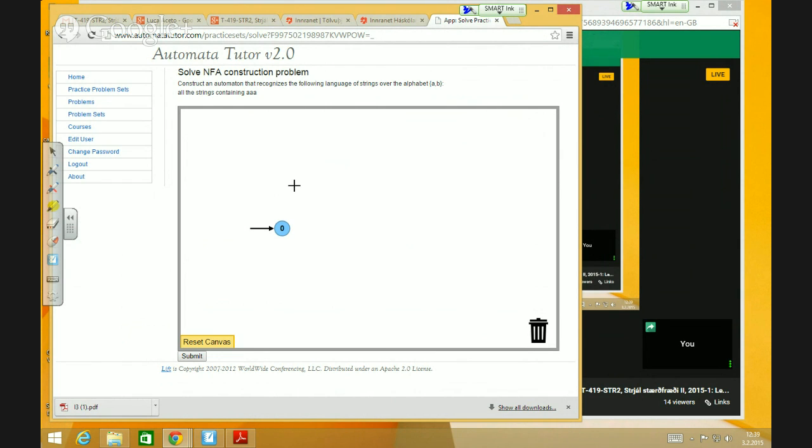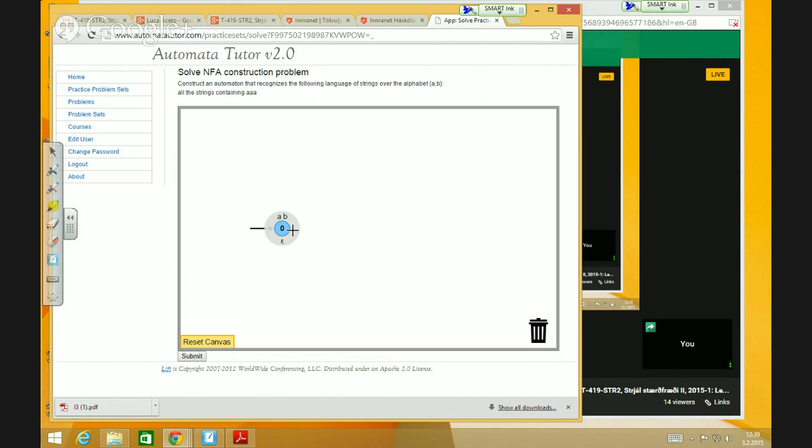Okay, so what do we do? We try to use the power of non-determinism. If the string contains AAA somewhere in it, it will start with some string of A's and B's. And then all of a sudden we guess that we are meeting the start of the AAA pattern.